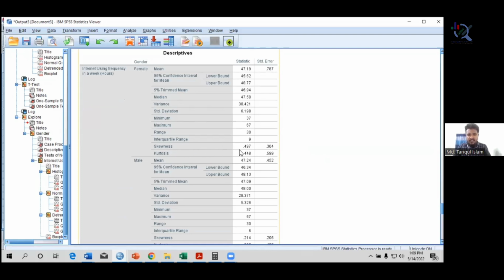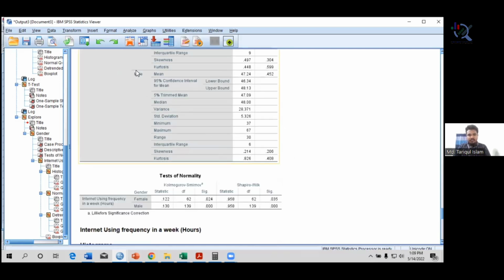We divide that value, 0.497, by 0.305, and it should be between plus 1.96 and minus 1.96. For kurtosis, the same thing: 0.448 should be divided by the standard error, 0.599, and the value should be between plus 1.96 and minus 1.96.